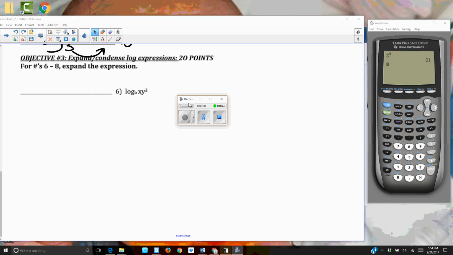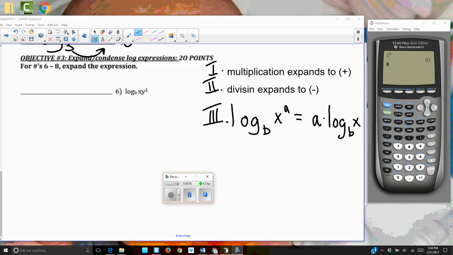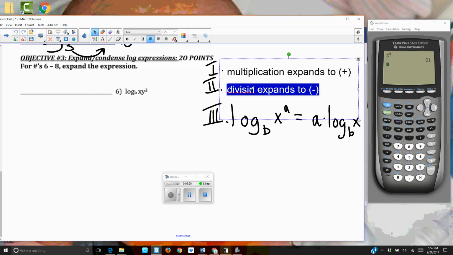All right, number 6 through 8, we're expanding the expression. So there's the basic 3 properties you need to know for these problems. A Cliff Notes version, multiplication expands to addition. Division, misspelled division, expands to subtraction.